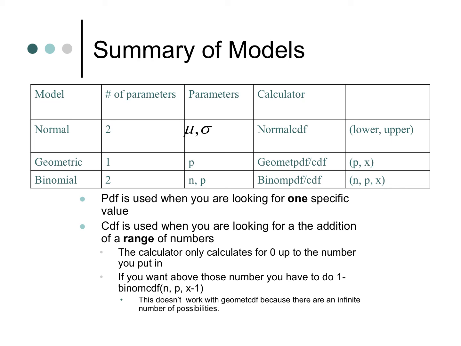There's area less than it or above it. But with the geometric and binomial, you can find the probability of the first success being the 5th try, a single point, or you can find the probability that it's among the first 5, which would be cumulative, meaning it's adding it up.